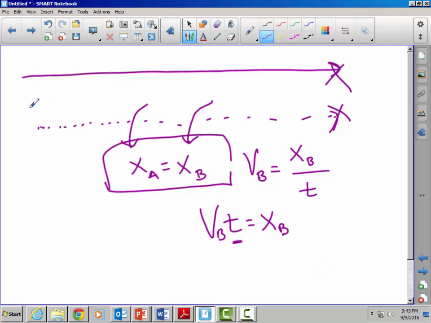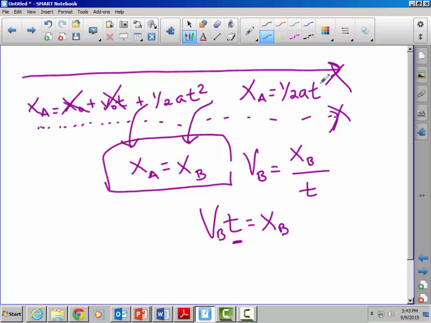So the position for car A is its initial position, which will just be 0, its initial velocity times time, which will again just be 0, plus 1/2 a t squared. So that means the position for car A will be 1/2 a t squared.